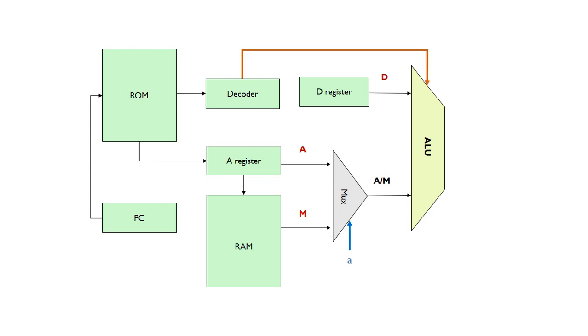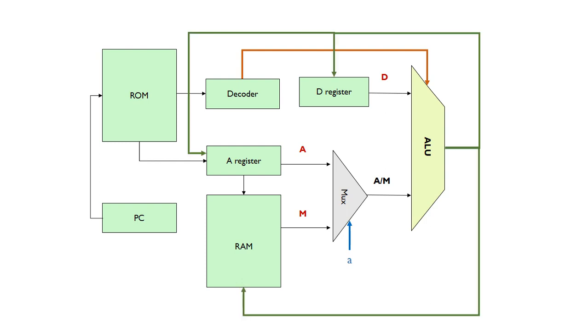The decoder essentially gets the C bits, the computation bits. So these are the instruction bits of the ALU. With this decoder circuit, you look at the instructions and feed the bits into the ALU, so that will determine which computation to do.